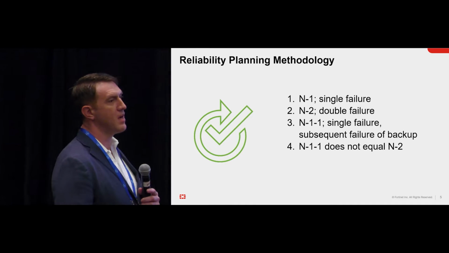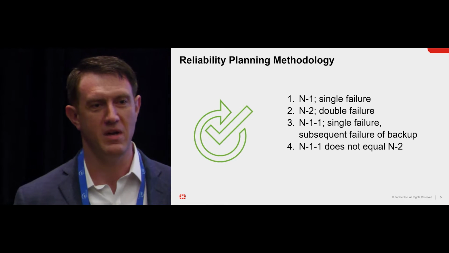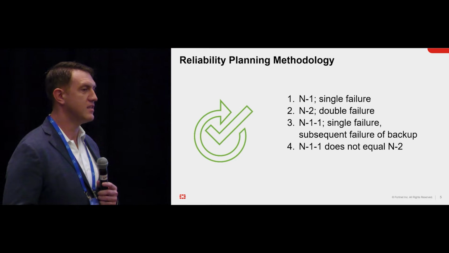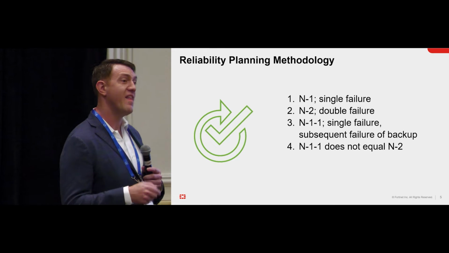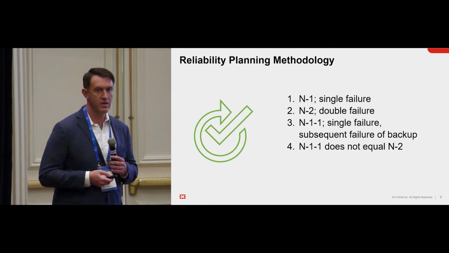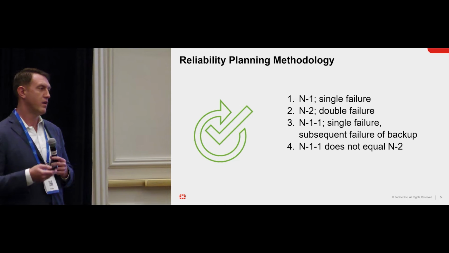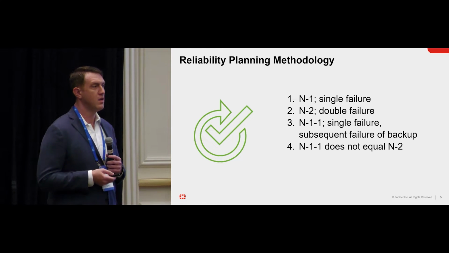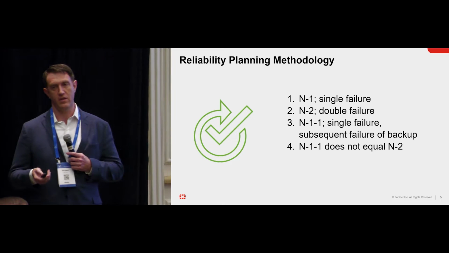And then we have the N-1-1, which does not equal N-2, all right? Don't try to do math here. What this means is I have a failure, I respond to the failure, and then I have another failure in an unrelated system, right? So that's generally the degree of planning that we go to in a transmission electrical grid to be able to understand the impacts of failure.